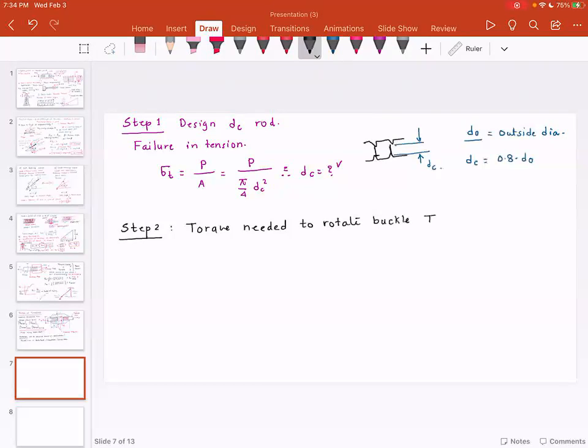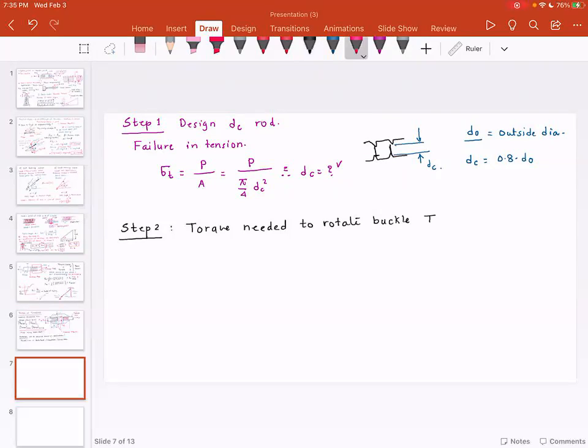And I'm going to call this T. And the reason we need to find the torque, because this torque will help us find the value of the shear stress and the maximum shear stress and the principal stress.